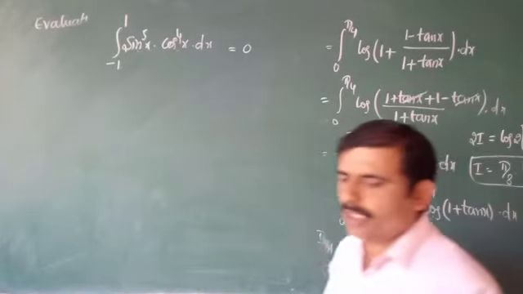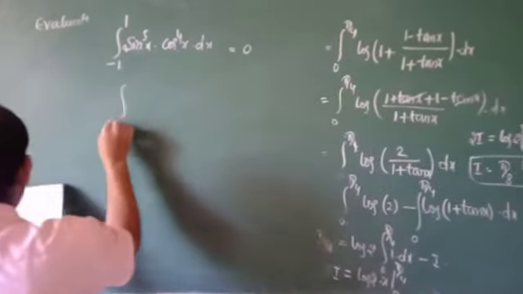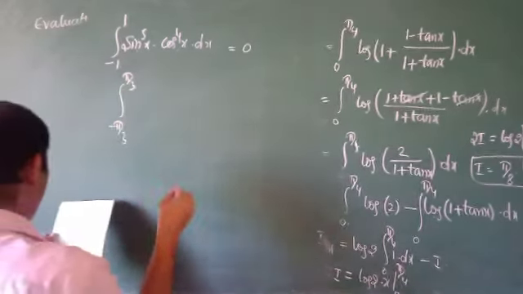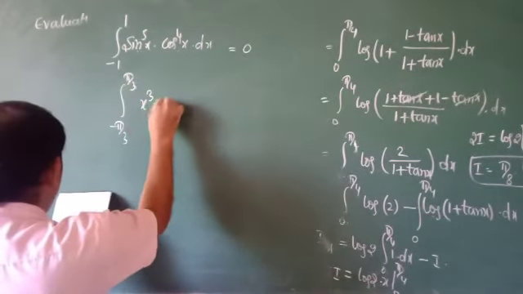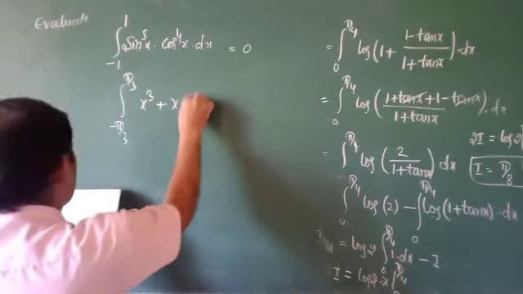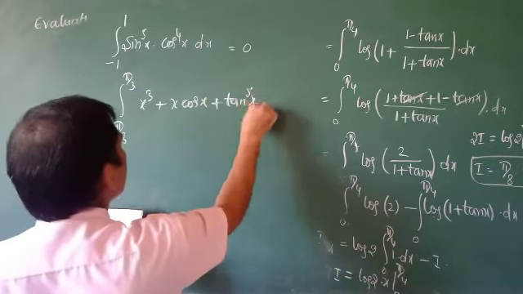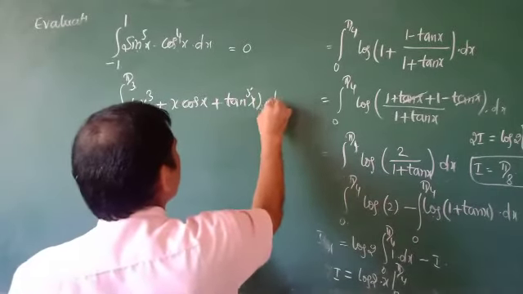The next one is the integral from minus 5 by 3 to plus 5 by 3 of x cubed plus x into cos x plus tan to the power of 5x with respect to x.